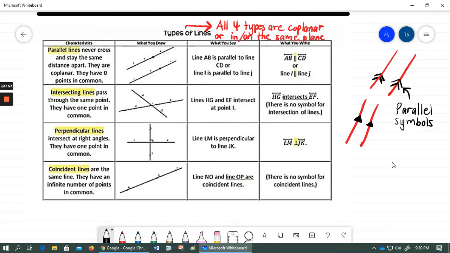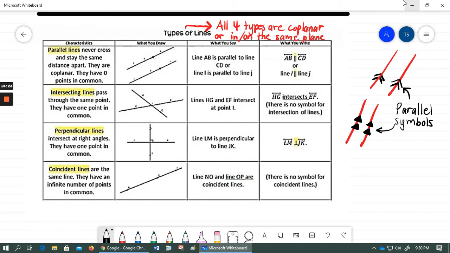These are symbols, and again, it could be more than one of those little arrowheads. But as long as they're matching on both lines, if they look like little arrowheads, those are parallel symbols that let you know those two lines are parallel. You will need to see that on diagrams, folks.